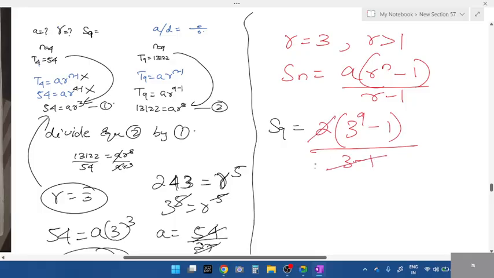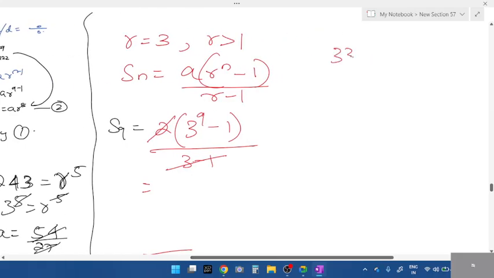You can cancel it out directly. 3 to the power of 9 minus 1. How do you calculate? You should write 3 nine times, group it into 3s like this. What's the answer you all got? Final answer?